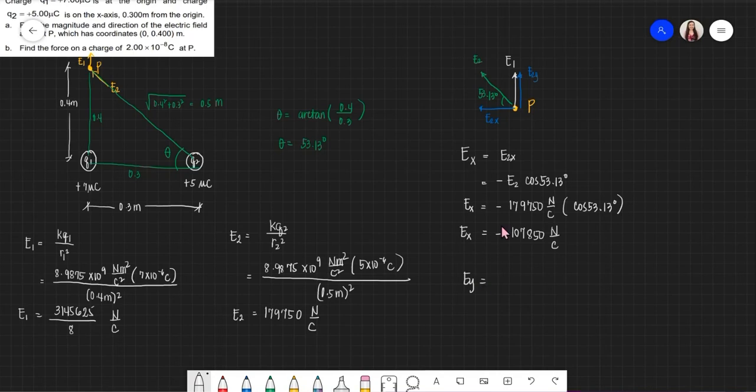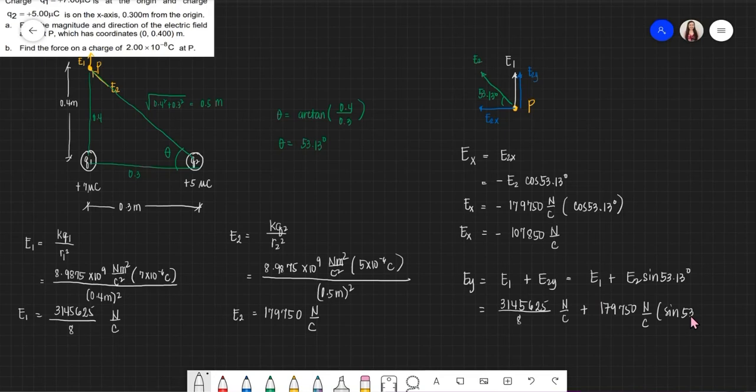For Ey, we have two fields going up. So we have E1 and E2y. So E1 is 314,625 over 8 newtons per coulomb, plus E2y, which is E2 sine 53.13 degrees. So this is E1 plus E2 sine 53.13 degrees. And E2 is 179,750 newtons per coulomb.